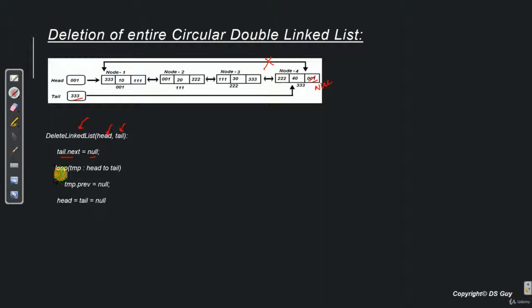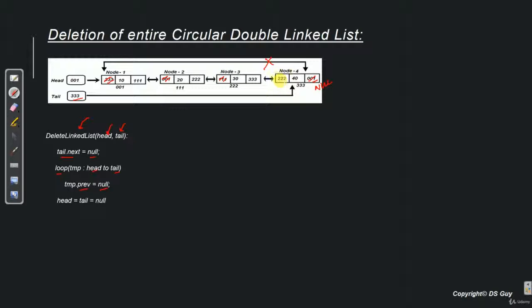Then we are running a loop from head to tail and making sure that the previous reference is always set as null. Now what is previous reference of node 1? It is this reference here. What is previous reference of node 2? This reference here. What is previous reference of node 3? It is here.